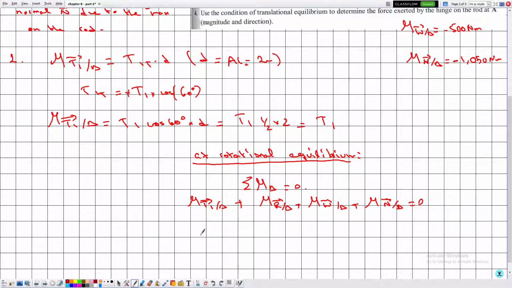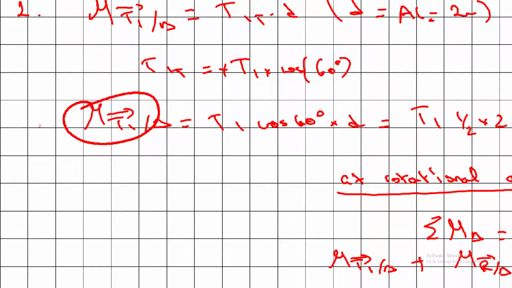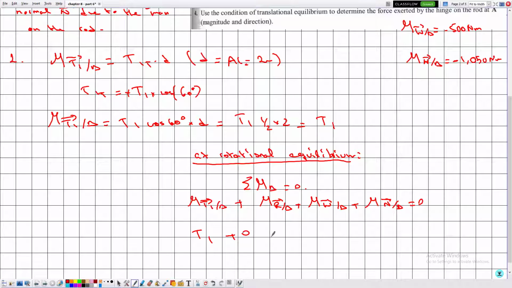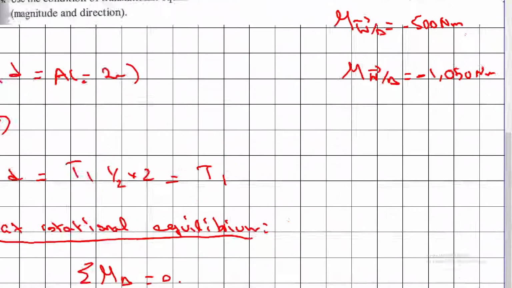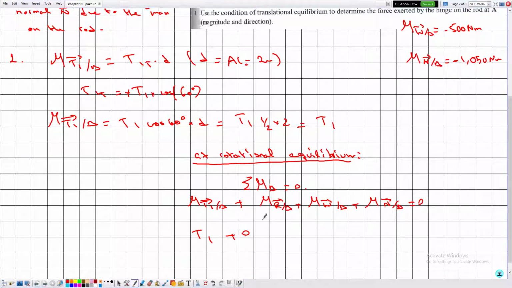And now this is given by T1 because we have proved that this is equal to this. This is 0, and this is given by minus 500, the weight, and the normal is given by minus 1050. So T1 minus 500 minus 1050 is equal to 0.